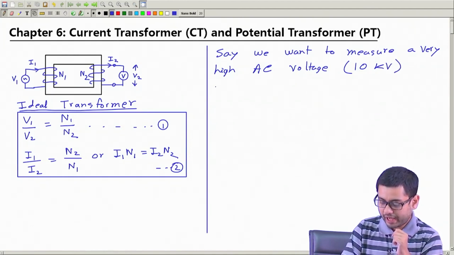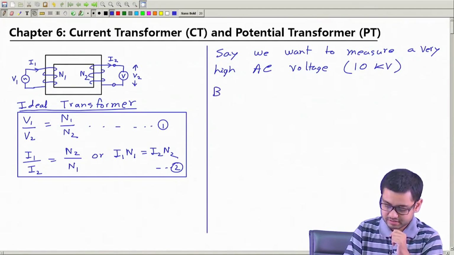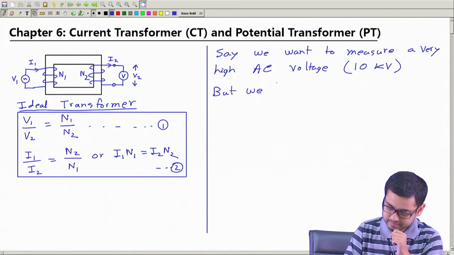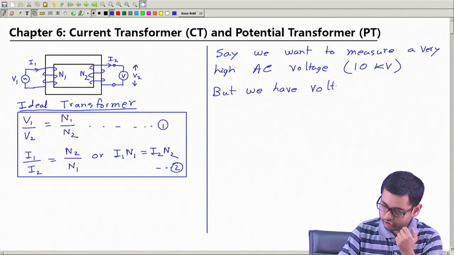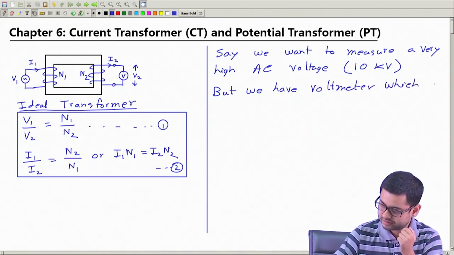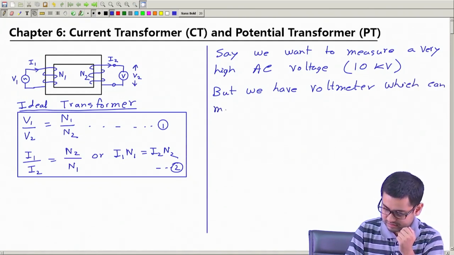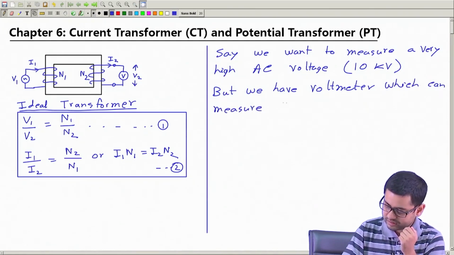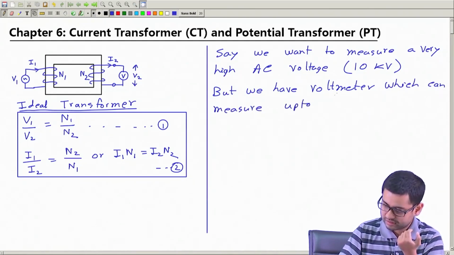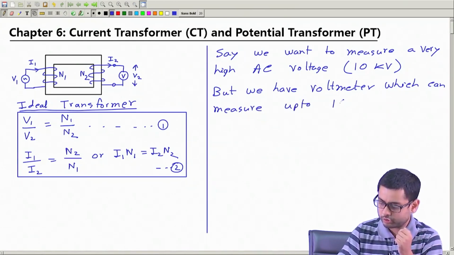But we have a voltmeter which can measure up to say 10 volt maybe.